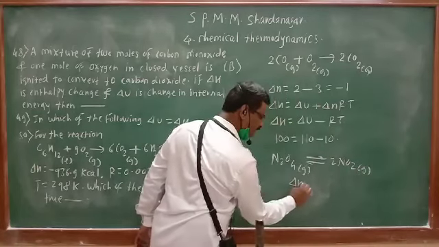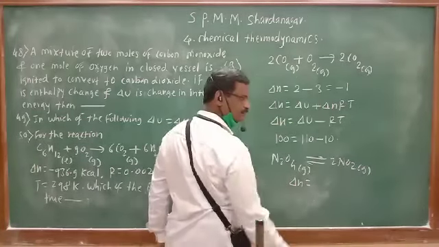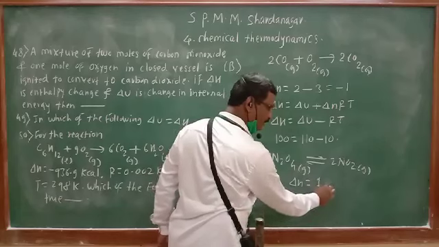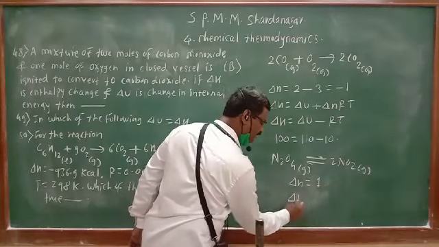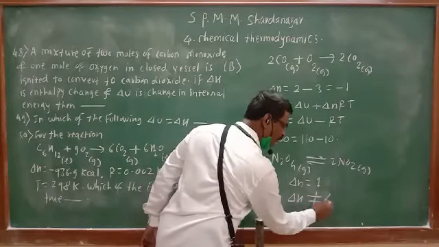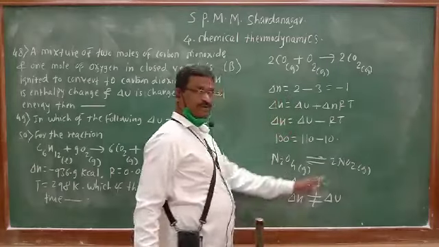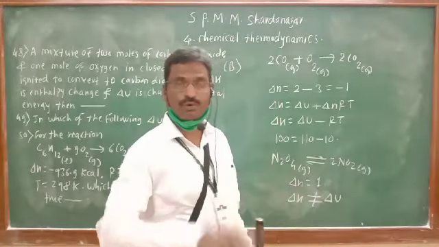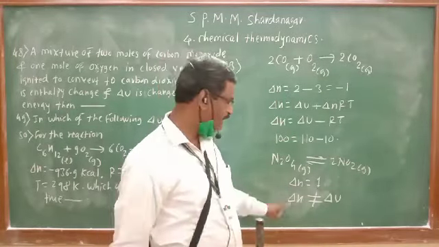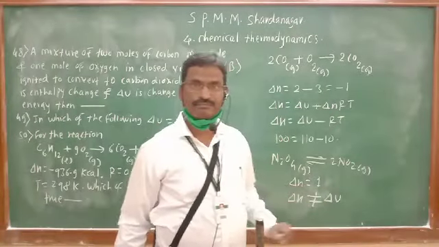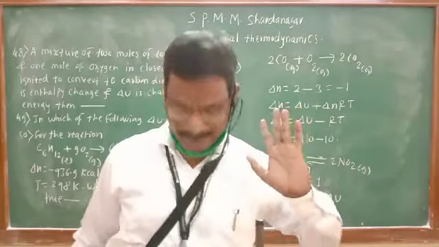For this reaction, delta n is 2 minus 1, which is equal to 1. So delta H will not be equal to delta U. Delta n must be 0; then and only then is delta H equal to delta U. But here it is not 0. So the first option is not right.